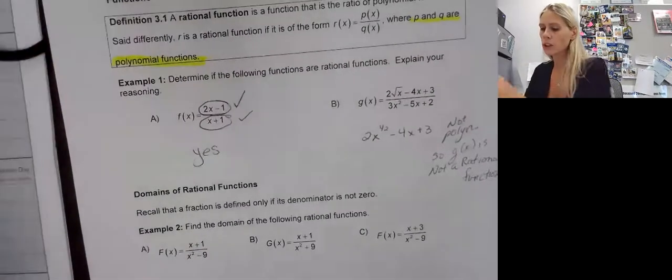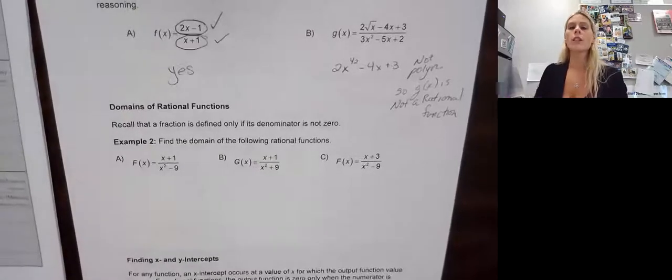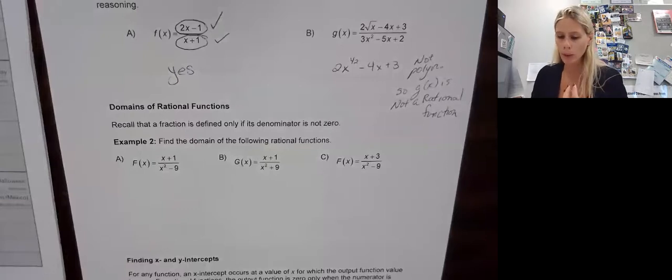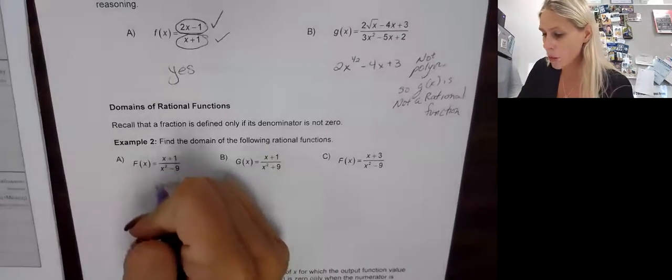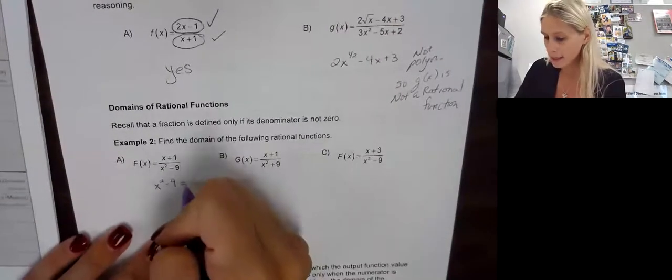All right, so next, domains. Domains of rational functions. So recall that a function is defined only if the denominator is not 0, right? That can't happen. So when we find the domain of a rational function, what we're looking at is that denominator. What we're saying is that x squared minus 9, in this case, cannot equal 0.